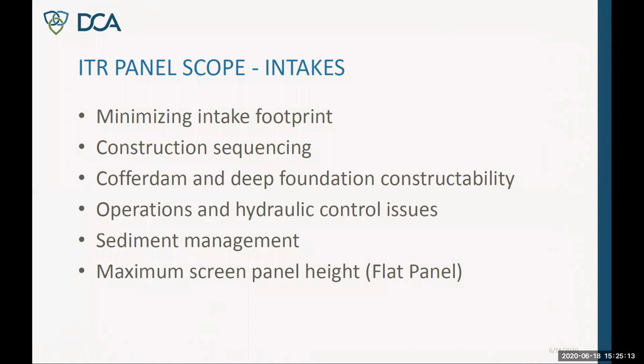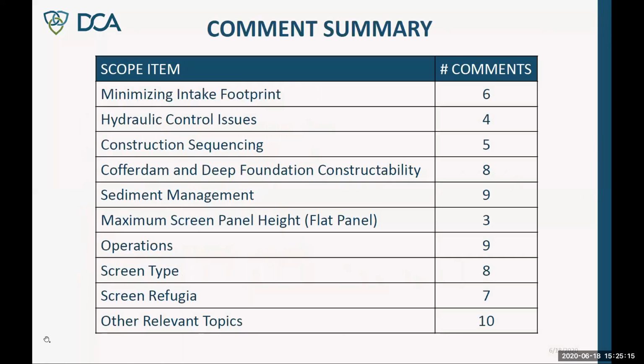Okay. So in the end, we got back these several dozen comments. You can see that we got some comments focused on virtually everything we asked for. And as is typical in ITRs, they usually wander out and opine about a few other things, based on their experience, to give us suggestions and ideas about moving forward.